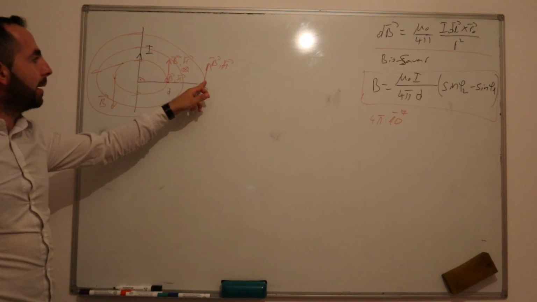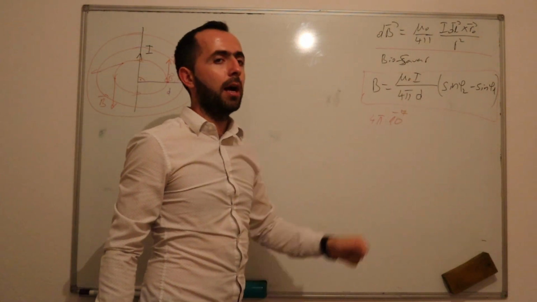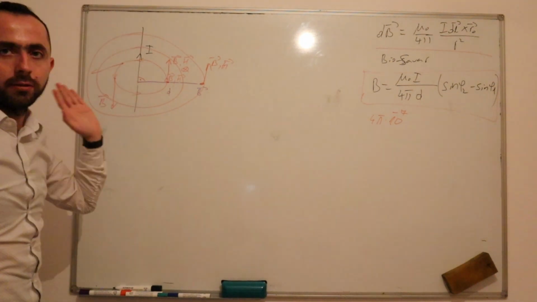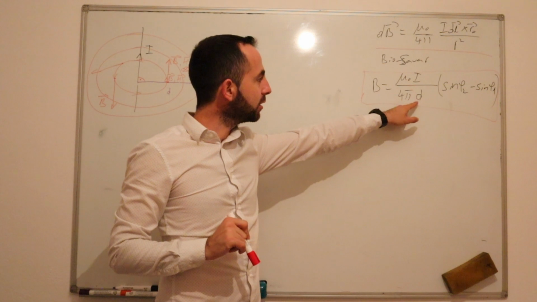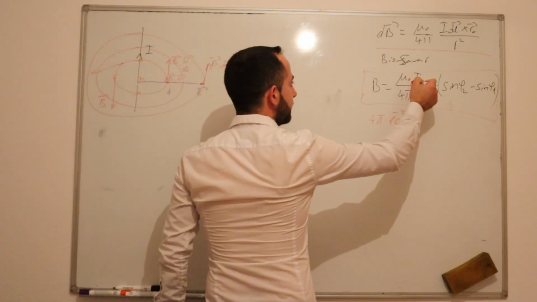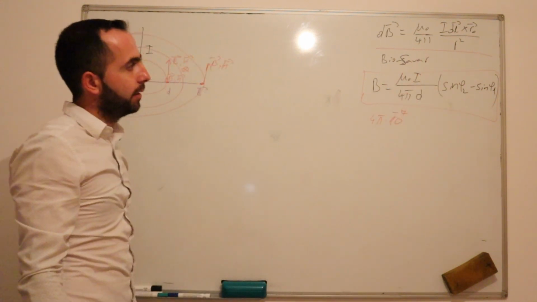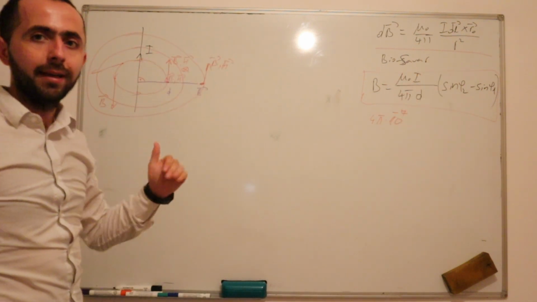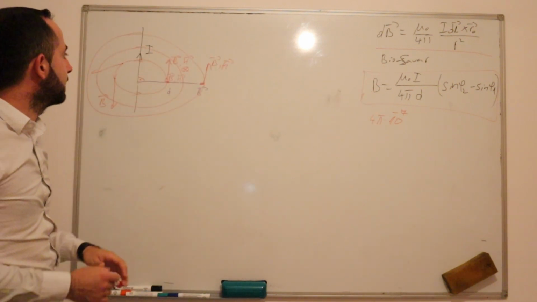The amplitude of the magnetic field, as we can see from the formula, depends on the current. If the current is constant, it depends on another thing, and that's the distance. So if we increase the distance, we can see that this whole value is less, so our magnetic flux density is less.